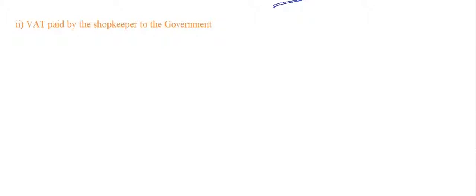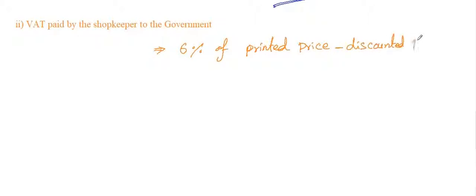The second part of the question is to find the VAT paid by the shopkeeper to the government. So we need to find the VAT, which is 6% of the printed price minus the discounted price. That will be the VAT paid by the shopkeeper to the government.